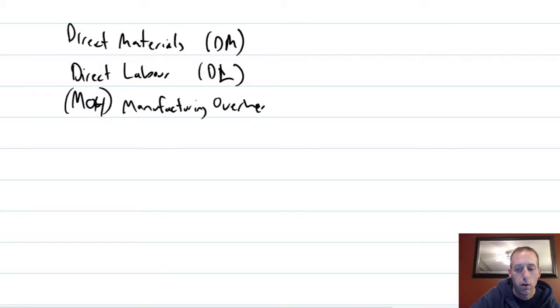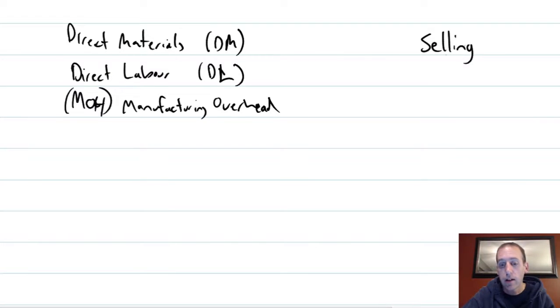And third, and finally, MOH, which stands for manufacturing overhead. So those are the 3 core terms I want to discuss. Secondary to those terms, I also want to discuss selling costs and administrative costs.